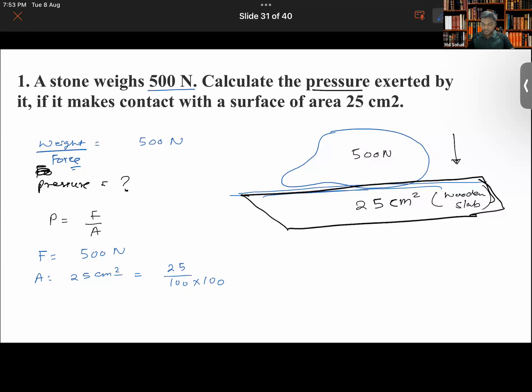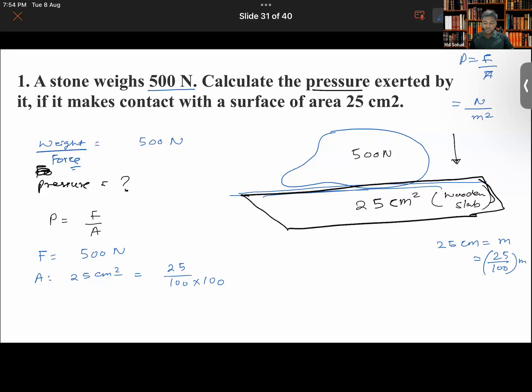Look, it's like this. First, you convert 25 centimeter into meter. So that will be 25 upon 100, right? And we know that pressure equals force upon area, and the standard unit is Newton per meter square.